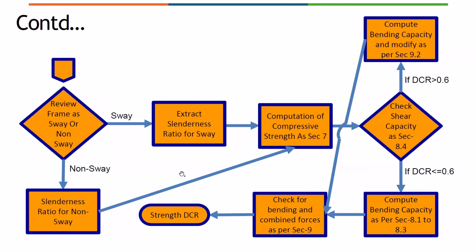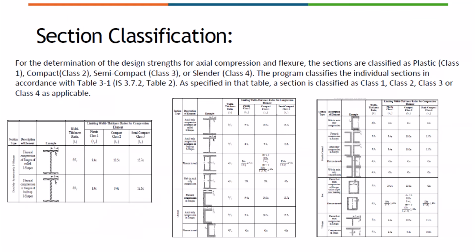After that, it checks the shear capacity, and if the element has a high shear condition, it then modifies the bending moment capacity as per section 9.2, or else it will just compute the bending moment capacity as per section 8.1. Finally, it will check for the bending and combined forces as per section 9 and report the strength demand capacity.